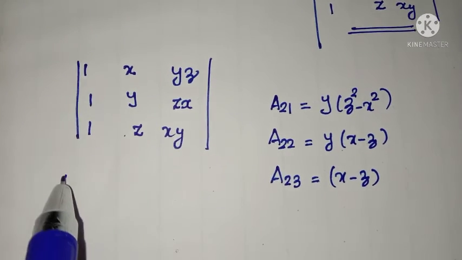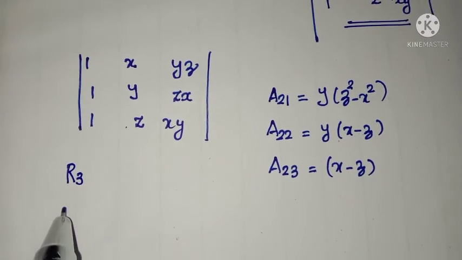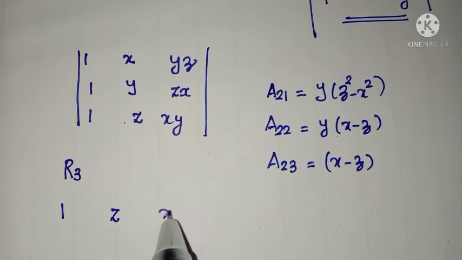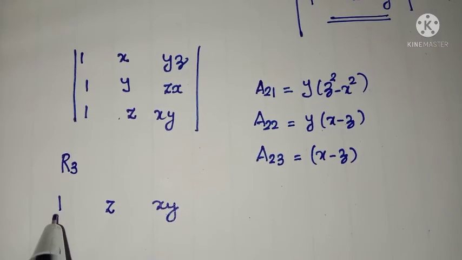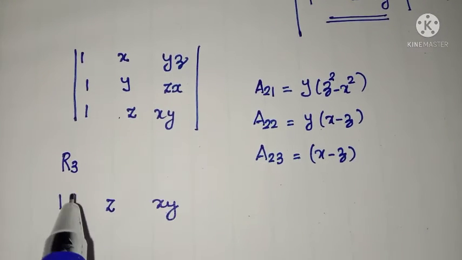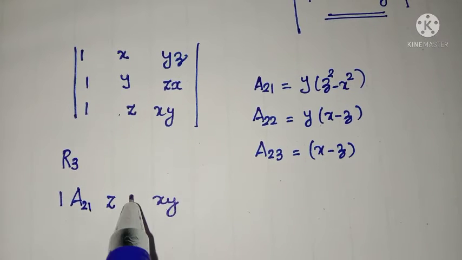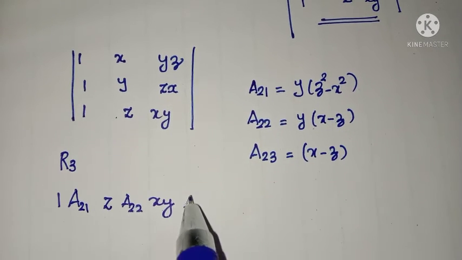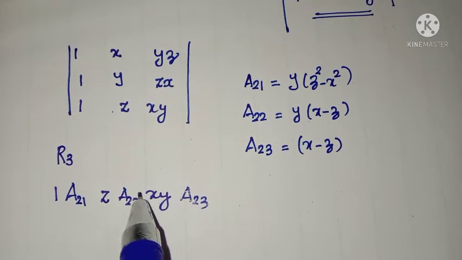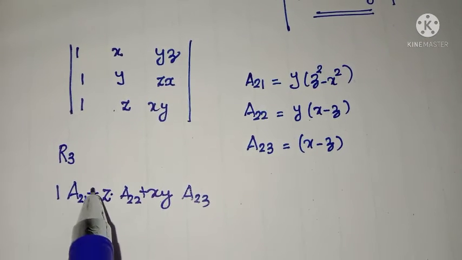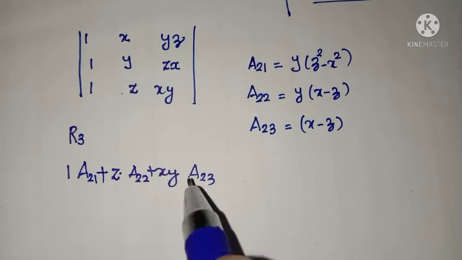Suppose third row elements, that is 1, z, xy, and we multiply these elements with these cofactors A21, A22, A23 and take their sum. Let's see what will happen.